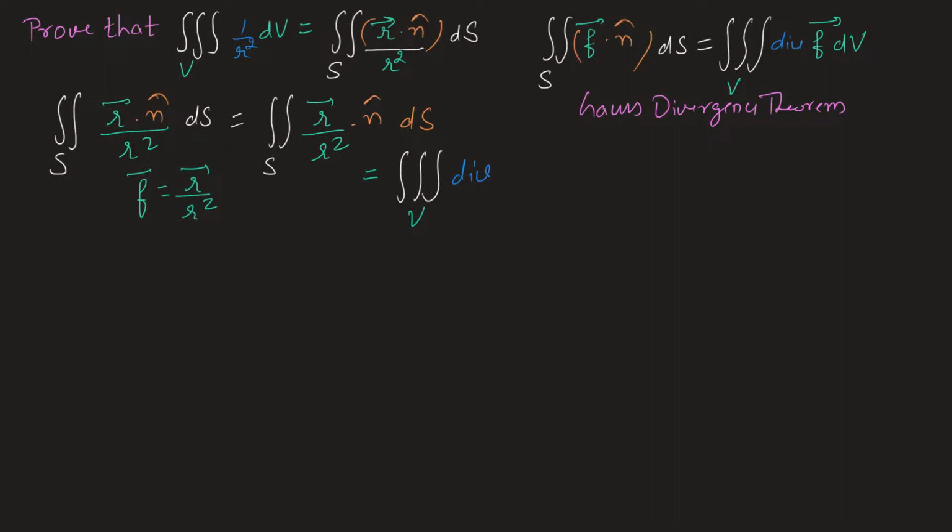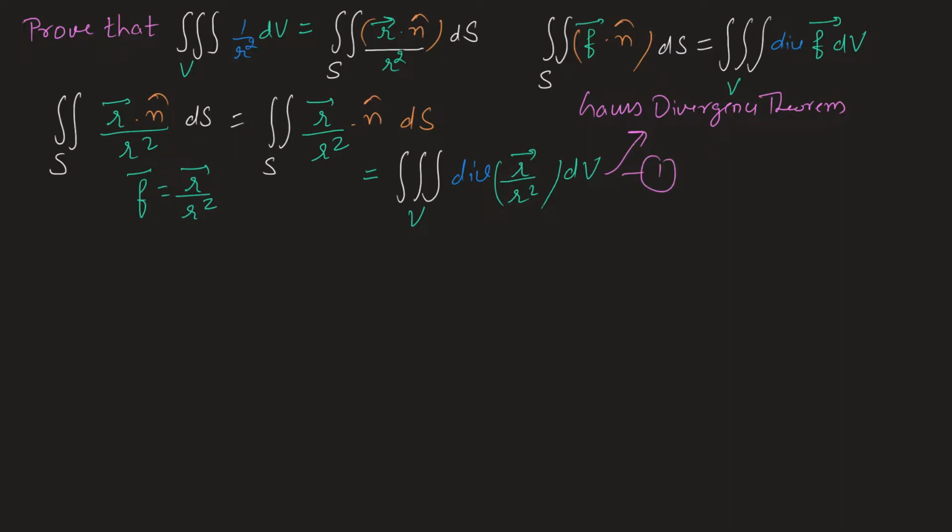So this will be the divergence of r by r square over the volume V. Using Gauss divergence theorem we have obtained this one. You may name it as equation number 1.